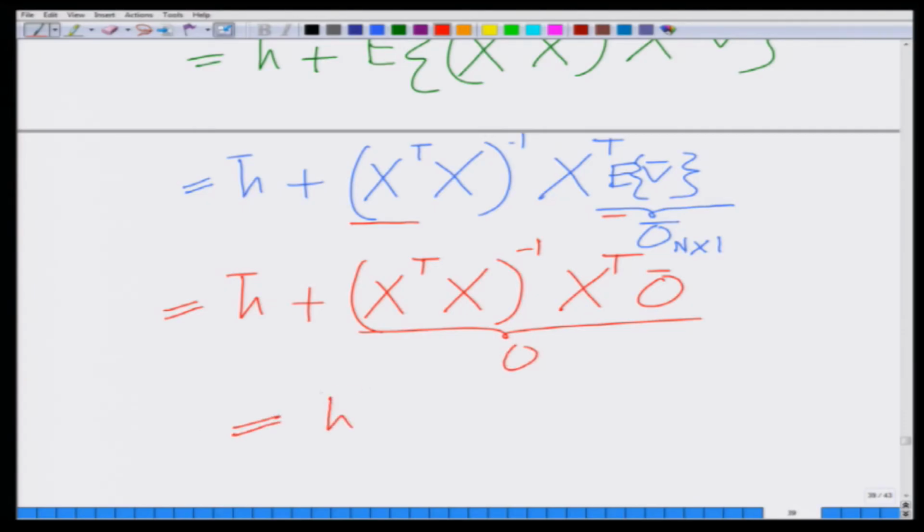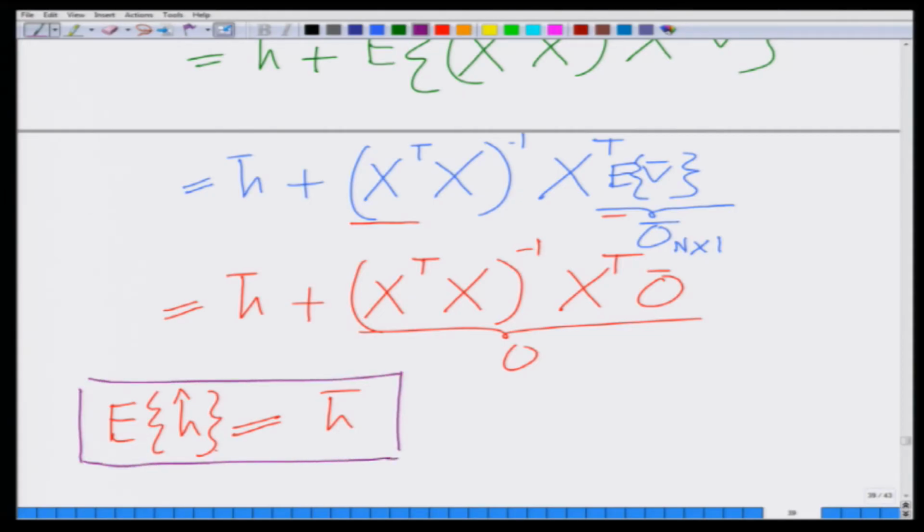Therefore, what we have, again similar to what we have seen many times before, is that the expected value of the vector estimate H hat equals H, and this is basically your unbiased property. That is what we are saying is something very interesting, which we already said before in the context of a scalar estimate, that is H hat is the estimate and it is a random quantity.